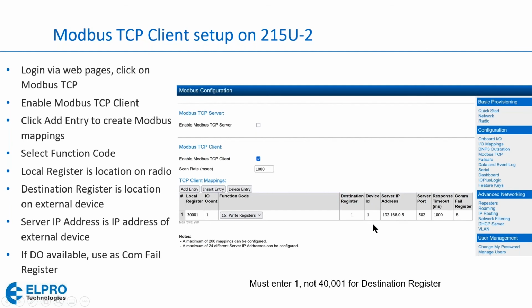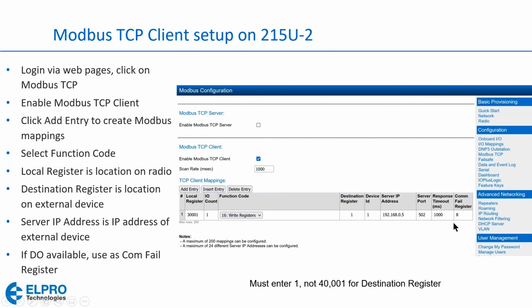Okay, then we have our mysterious device ID, which we just make sure is different on every single device. Then we have the IP address of our server device. The server port, always 502. And we have a response timeout, in this case 1 second. And this is our COM fail register here. So this would be digital 8, or digital output 8, on the radio.